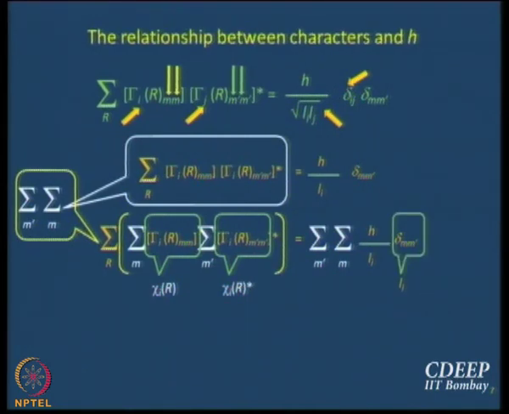What is the right hand side now? On the left hand side, what I have got is sum over R chi i R star, and if you are working with real matrices, a real representation, then it is simply sum over R chi i R whole square. What do I have on the right hand side? If I sum over m as well as m dashed, it is perhaps easier to think of it like this.